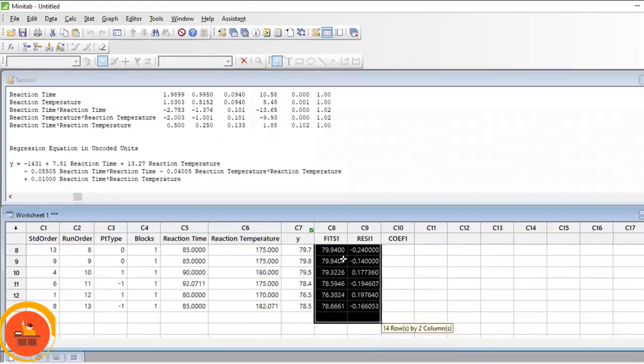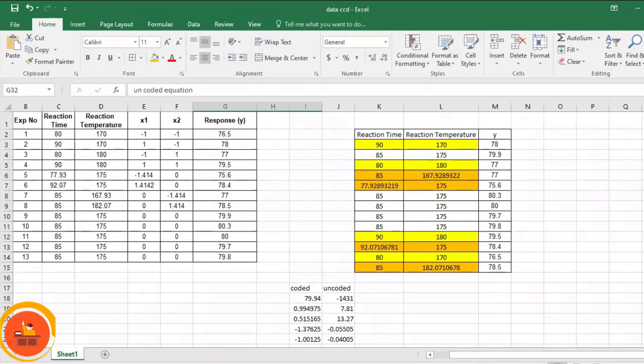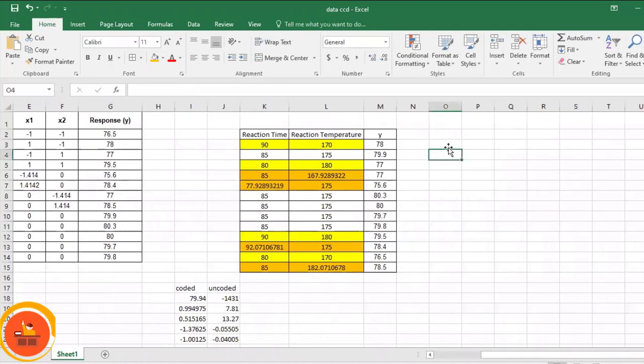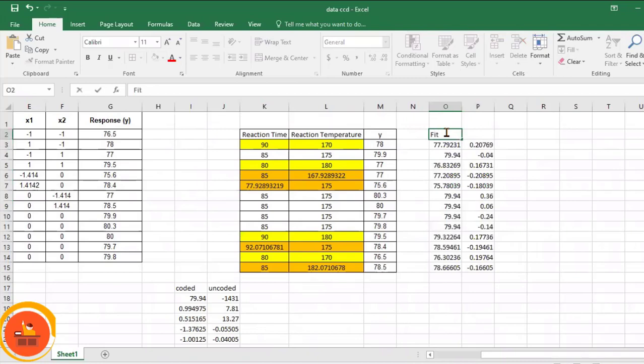So I'll copy these fits and residuals beside this one, and I can plot these things onto the graph.